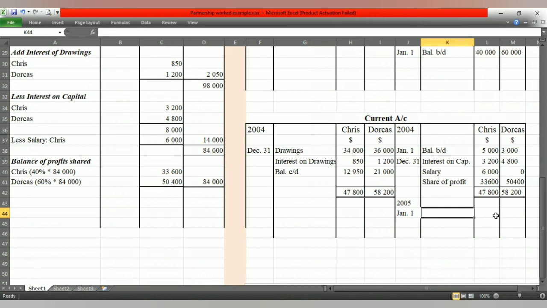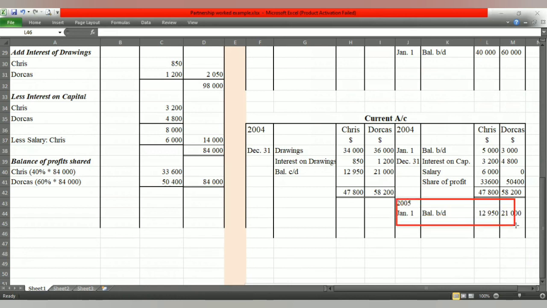And our details: balance brought down. And the amount for Chris, same thing as it carried on, 12,950. And Dorcas is $21,000.